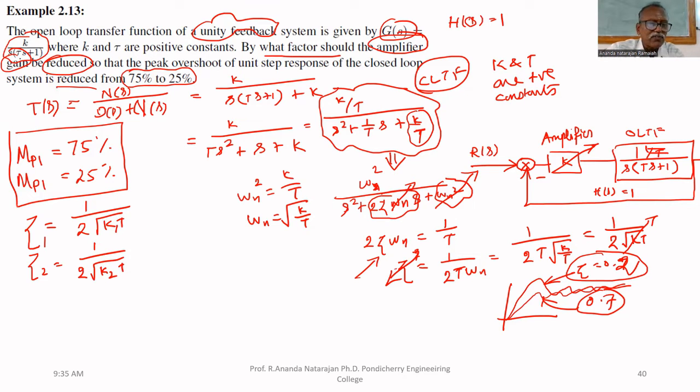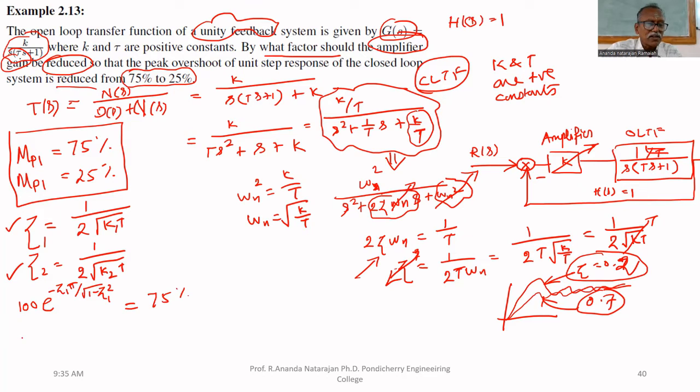For that, first we have to find what is zeta 1 and what is zeta 2. For that, the 75% and 25% overshoots are given. What is the formula? Mp1 equal to 100 e power minus zeta 1 pi upon square root of 1 minus zeta 1 square equal to 75%.